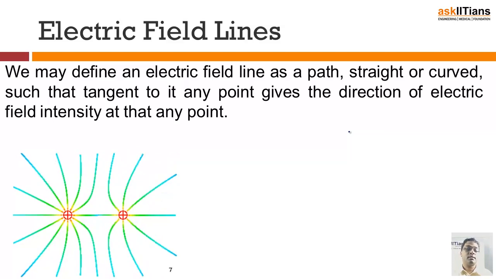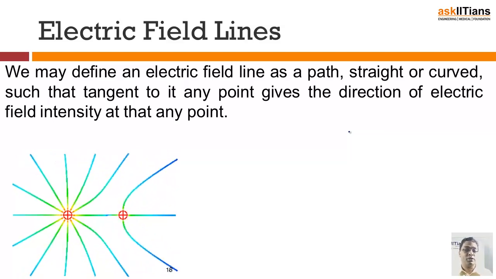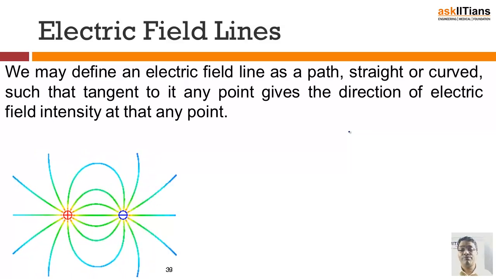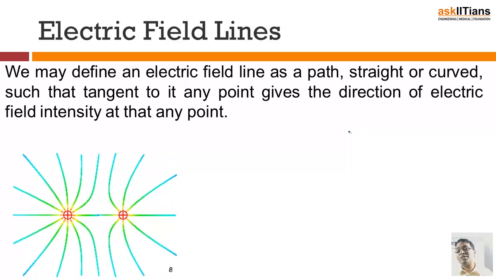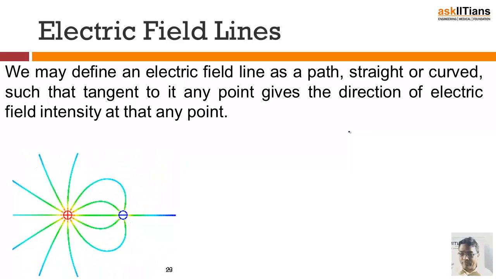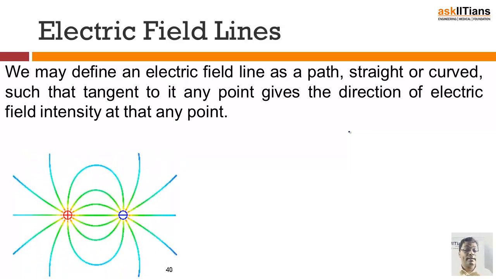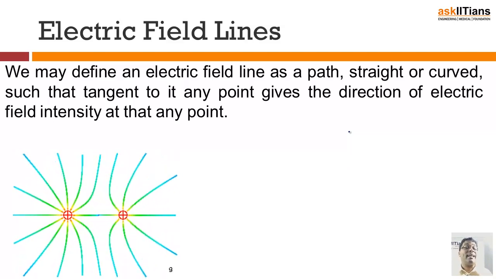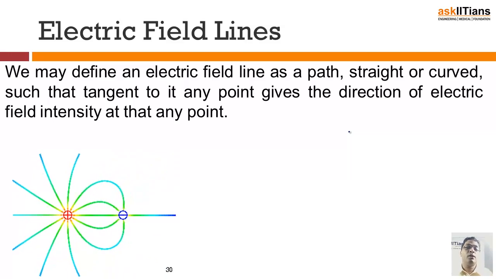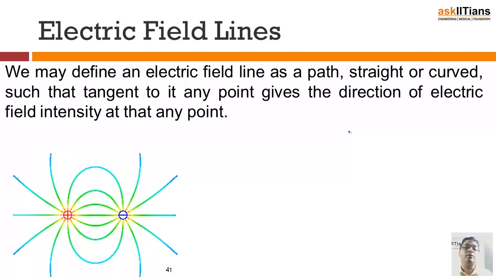Similarly, if you have positive charges, they are going to repel each other. Electric field lines are defined as a path, which can be straight or curved, such that if you draw a tangent anywhere on those lines, that is going to give you the direction of the electric field intensity at that point. Electric field intensity means the amount of electric field that is there at that particular point.